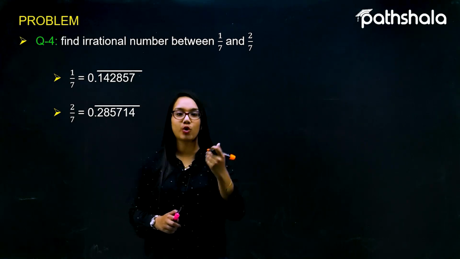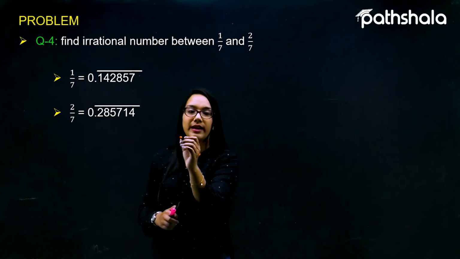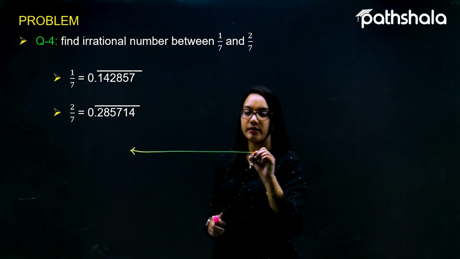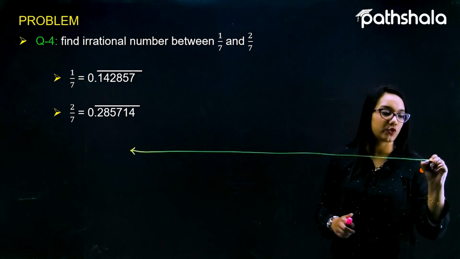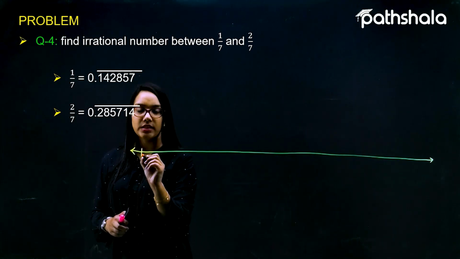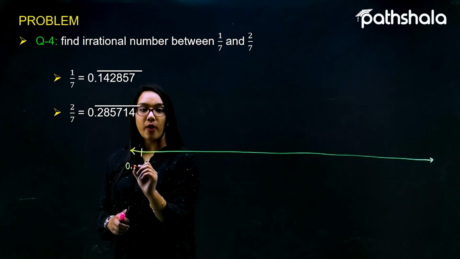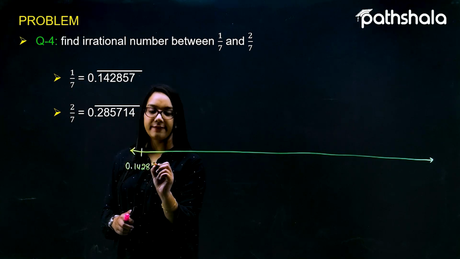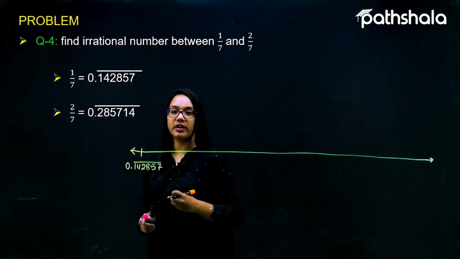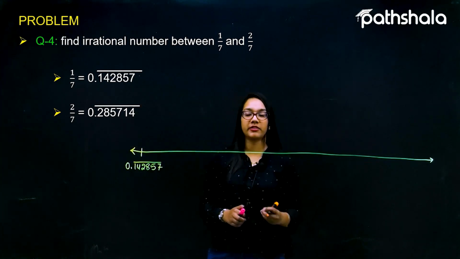So let us suppose I am talking about the two numbers 1/7 and 2/7 on the number line. Let us suppose the first number is 1/7, which is 0.142857 bar. We just want to find an irrational number lying in between these two numbers.